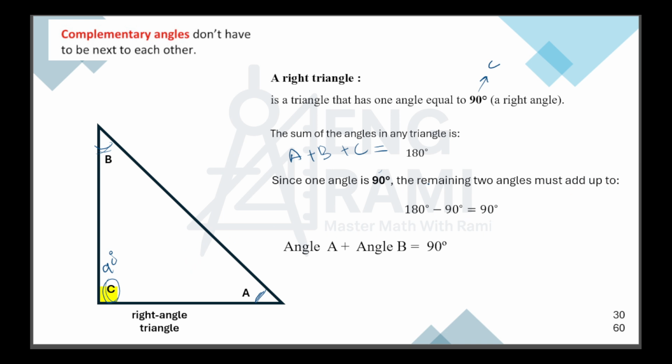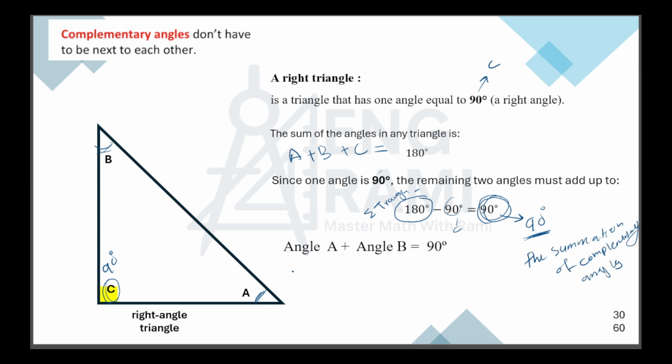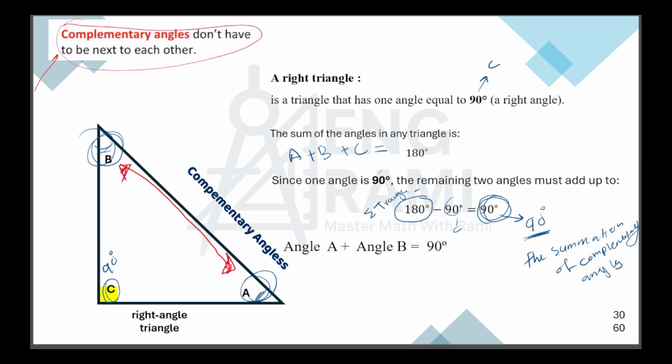We know that this is the summation of the angles of the triangle, minus 90, which is angle C. So the remaining is 90 degrees, which represents the summation of complementary angles. So angle A and angle B equal 90 degrees, and both are complementary. The main idea is that they don't have to be next to each other. You see, this is the main idea in our notes in here.